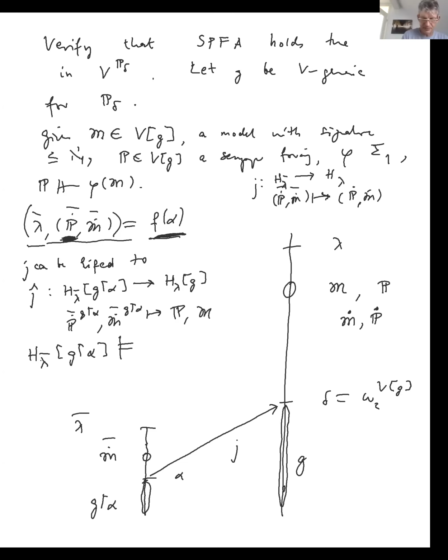Upstairs, we have to look at this now. So P forces that phi of M holds true. So downstairs, we know that P bar forces over H lambda bar G of alpha that phi of M bar holds true.